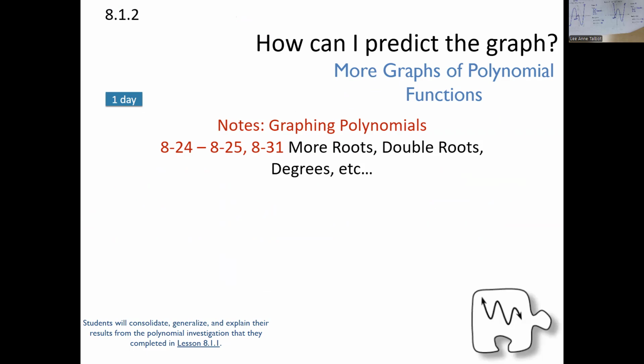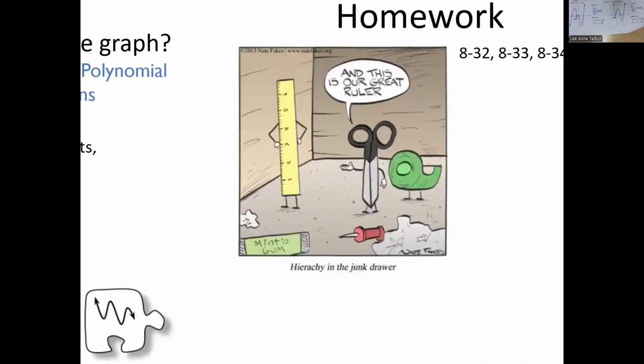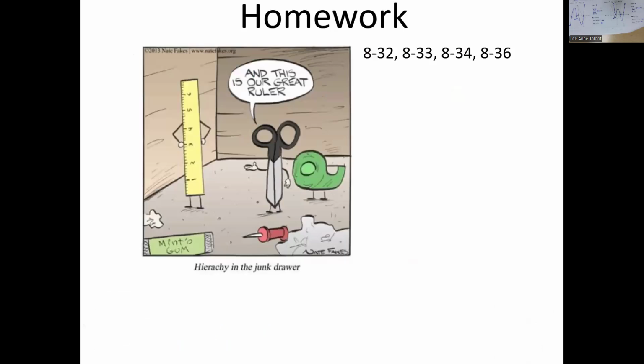And I was really impressed with that conversation so early. And so that's what we're going to talk about today: where do you start up or do you start down? Do you end up or do you end down? And the whole thing has to do with the A value. So that's what we're doing today. And then homework is 32, 33, 34, and 36.